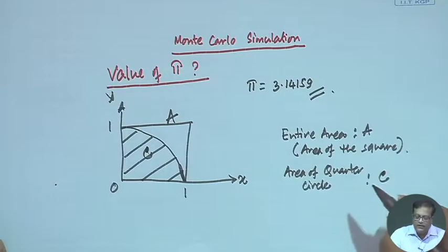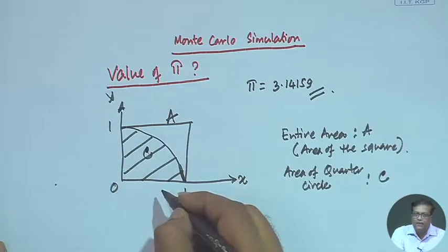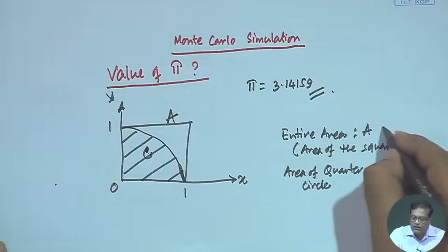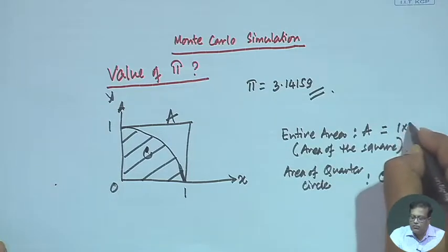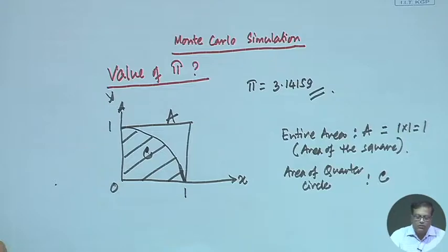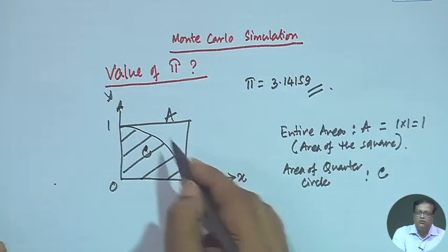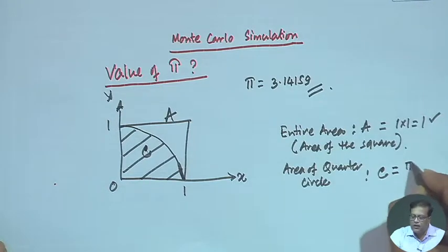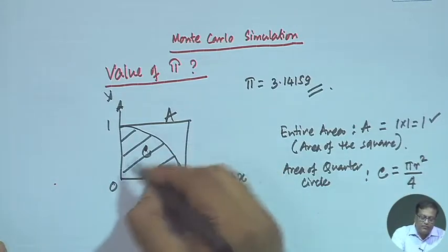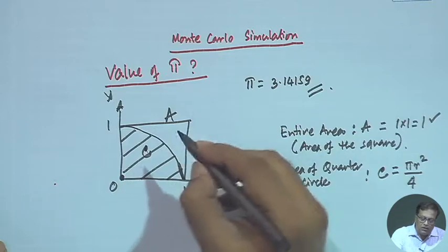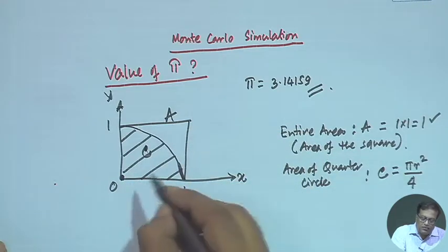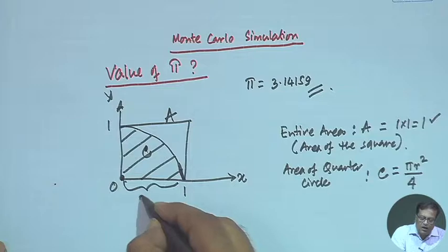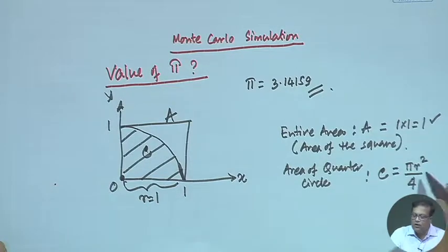So, what does mathematics tell us? What is the area of A? Area of A equal to 1 into 1 equal to 1, because this side is 1, this side is 1. So, area A is equal to 1. What is the area of C? It is pi r square by 4. But what is r, the radius? This is the radius, r equal to 1.